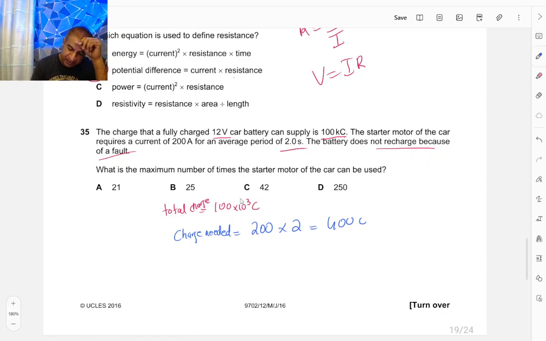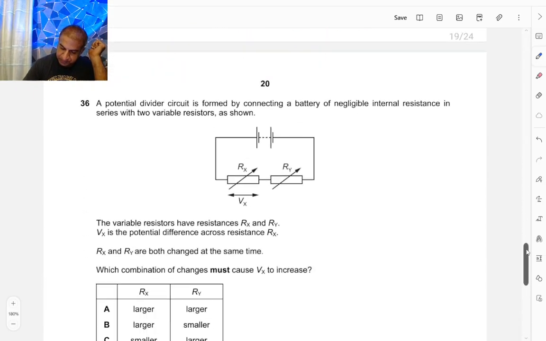Let's divide this, keeping this as the numerator and this the denominator. If we divide it, we find the number of times we can start the car. So 100 times 10 to the power 3 divided by 400 gives me 250. So 250 times we can start the car. Let's just move on to the next part.